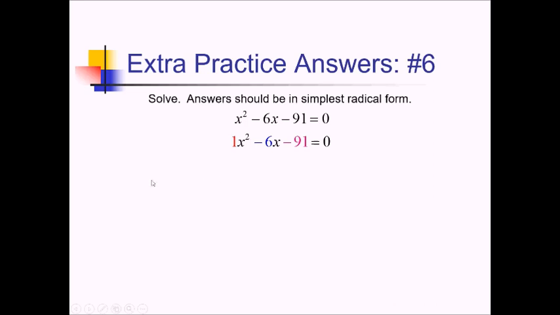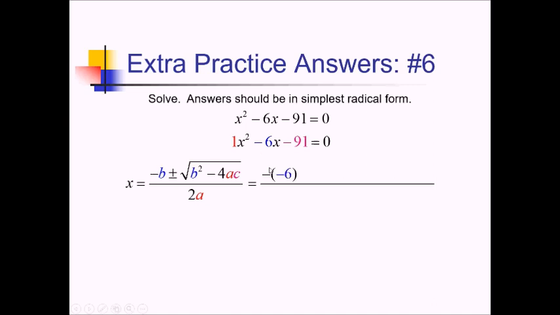So we've got negative b plus or minus square root of b squared minus 4ac all over 2a. And for a b value, we have this negative 6. So that's negative 6. And then we've got plus or minus square root of negative 6 squared minus 4 times the a value 1 times the c value negative 91. That'll be fun to multiply.